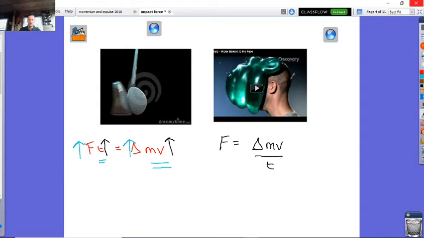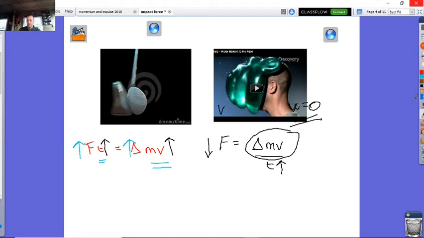What he's doing is increasing the impact time, which reduces the force, because the change in momentum is going to happen. The balloon is approaching with speed v, and when it hits his face and stops, it's going to reduce to a final speed of 0.